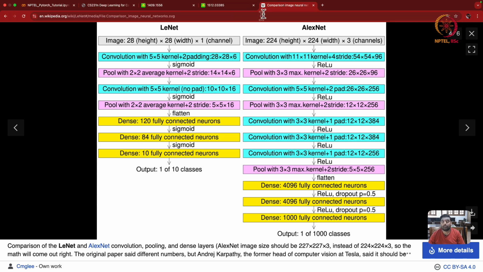The second column is AlexNet, we'll come to that. The first one is LeNet, and MNIST is the data. MNIST is 28 cross 28 cross 1. That is the size, and then you pass that through a convolutional operation, wherein you have a 5 cross 5 kernel. As you know, what are the parameters that you need to fix?